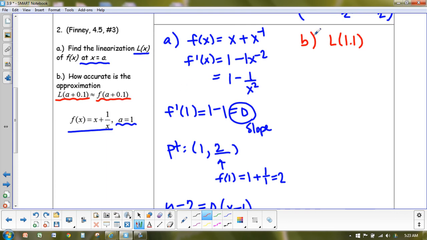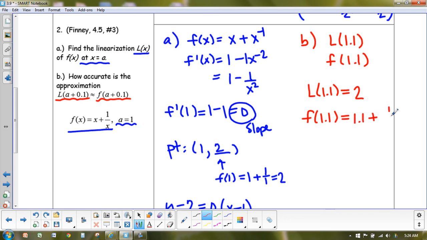f of 1.1, going back to the function, would be x plus 1 over x. So 1.1 plus 1 over 1.1. If this is without a calculator, which it very well could be, this becomes 1 over 11 tenths, because 1.1 equals 1 and 1 tenth.